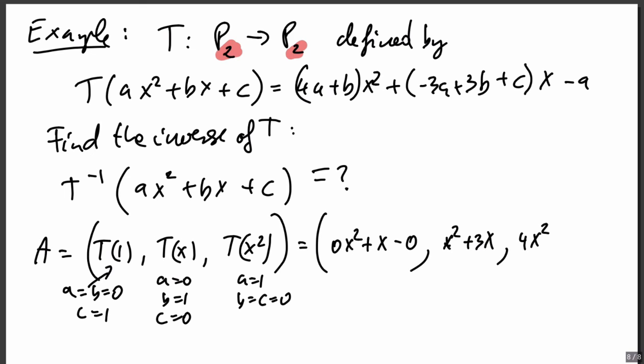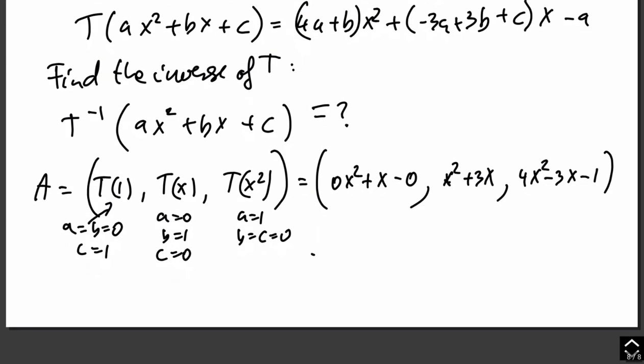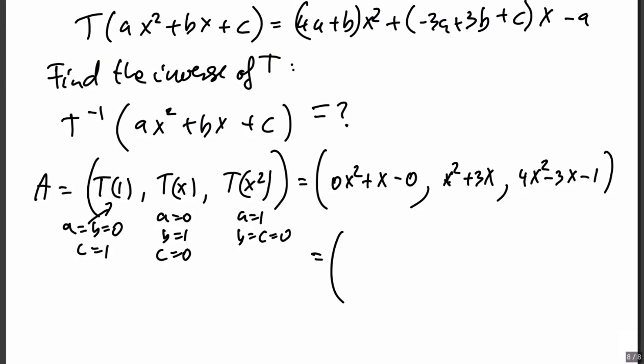So we get 4x squared minus 3x minus 1. And if we really create a matrix for this, then we have 0, 1, 0, 0, 3, 1, minus 1, 3, minus 3, and 4.